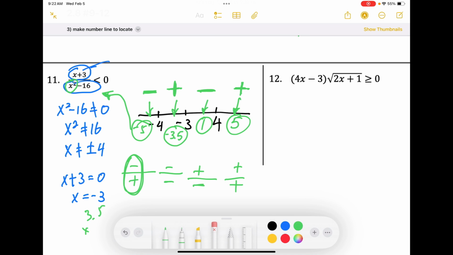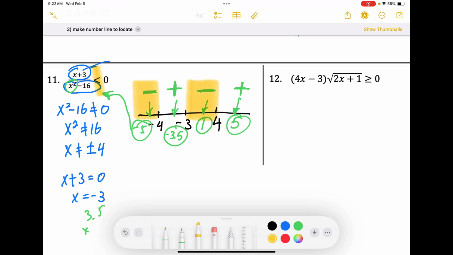Now, no need for a calculator. The question wants less than 0, which means I'm looking for negative. So where do you see on the number line that it's negative? Right here and here. Now make sure of the condition: x cannot equal -4 or +4, which tells me it's a parenthesis.